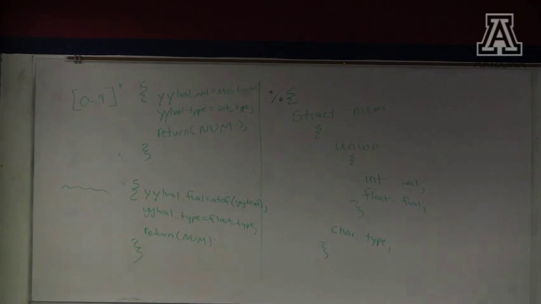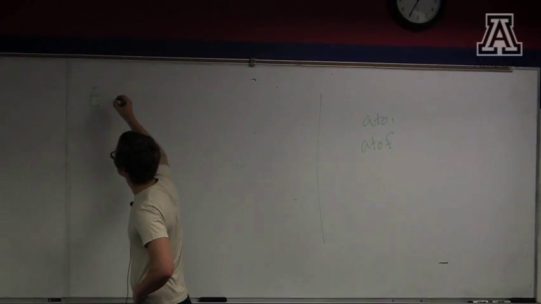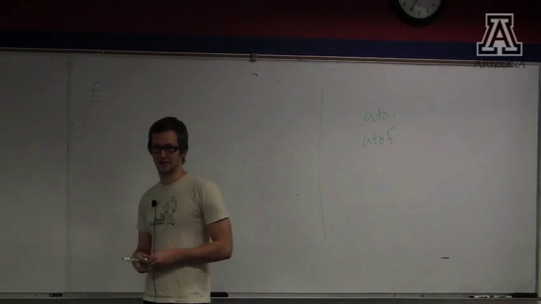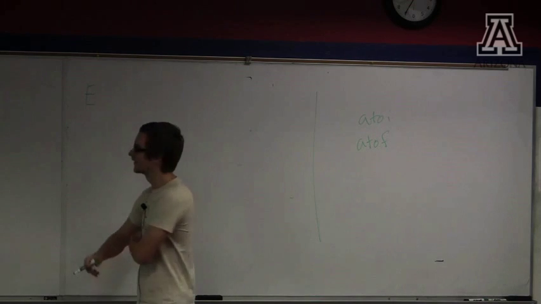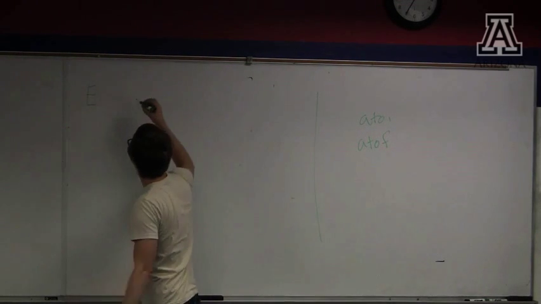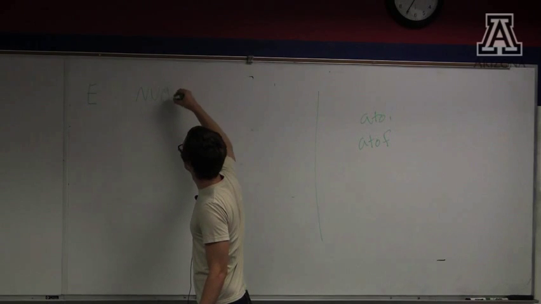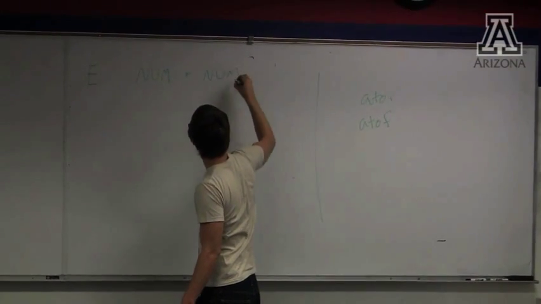So let's say we have our really boring rule, where our expression is our start symbol. This calculator is only going to add two numbers, maybe print the result and then die. So this is a num plus a num.